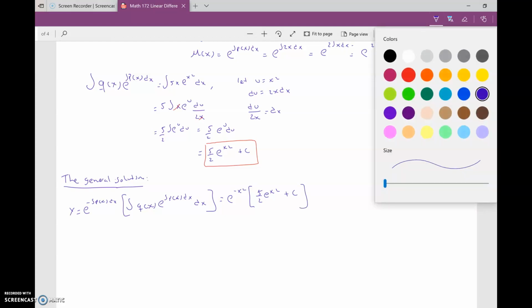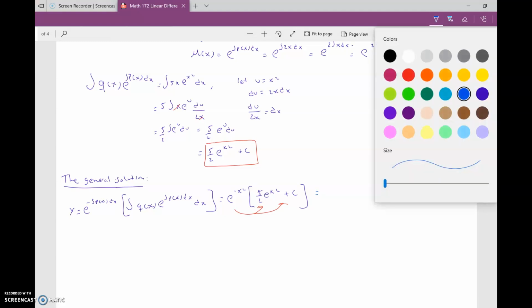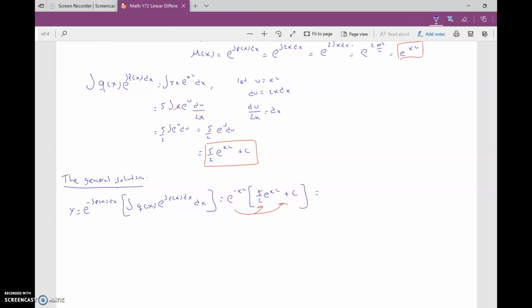And then we're just going to distribute the integrating factor. And this is going to give us 5/2. The e's cancel. So this is just 5/2 plus e to the negative x squared times c.